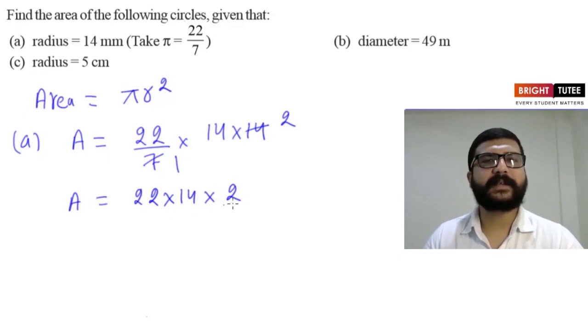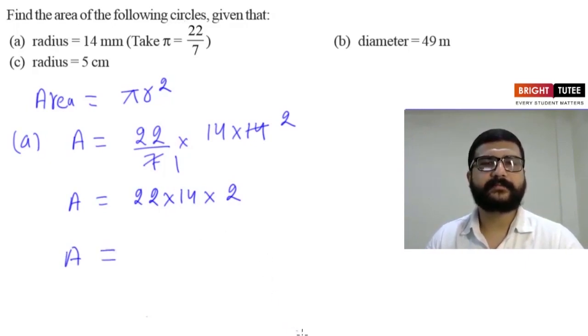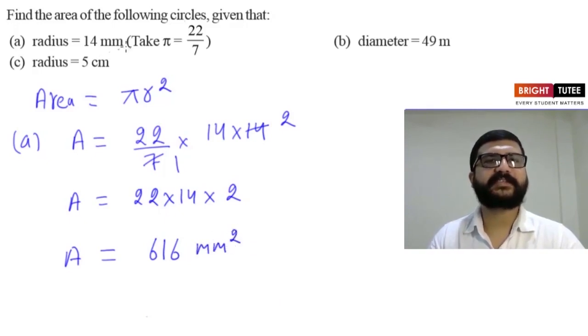Now we just have to multiply these numbers, we will get area of this circle. So by multiplying, we will get area is equal to 616 square mm, because radius was given in millimeters. So here area will be square millimeters.